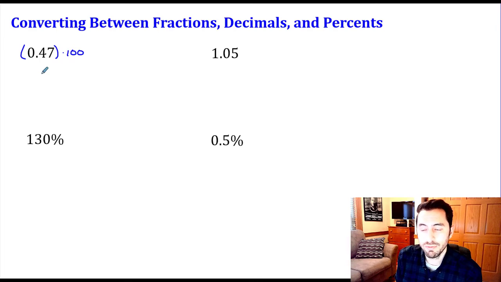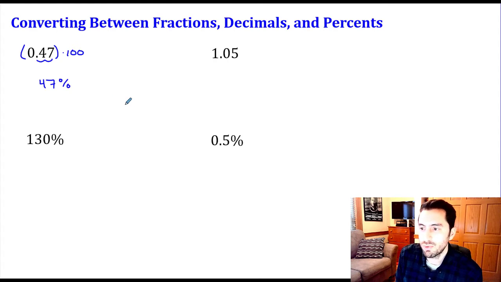Multiplying by 100, an easy way to do that with decimals is we can just move this decimal point 2 spots to the right. So in doing that, we end up with 47. And then I do need to include a percent sign to know that I am talking about a percent.